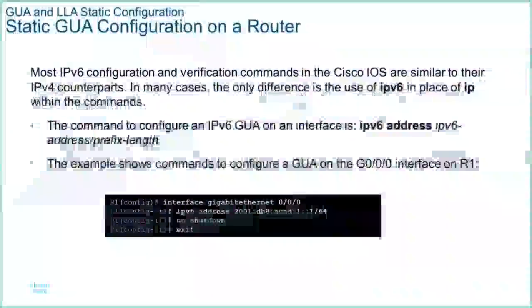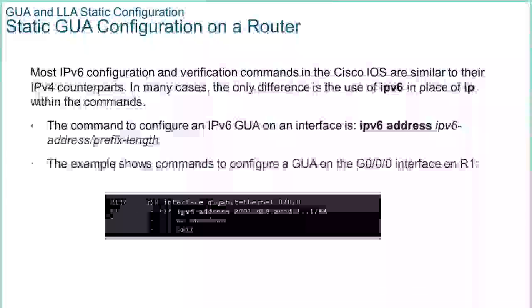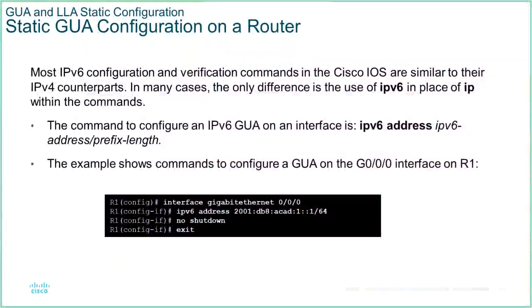So configuration: how do we configure these on the network? You go to the interface, and anything to do with IPv6 will have ipv6 in the command structure. So this command, if we're doing it in v4, would be ip address. Now that we're assigning a v6, we need ipv6.